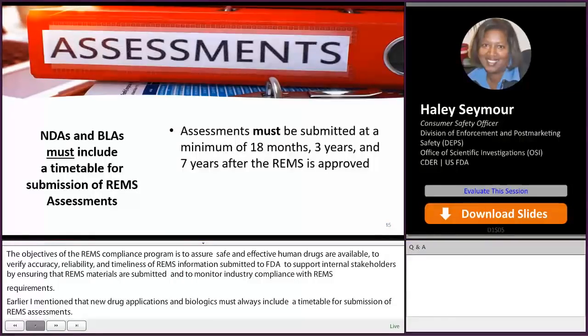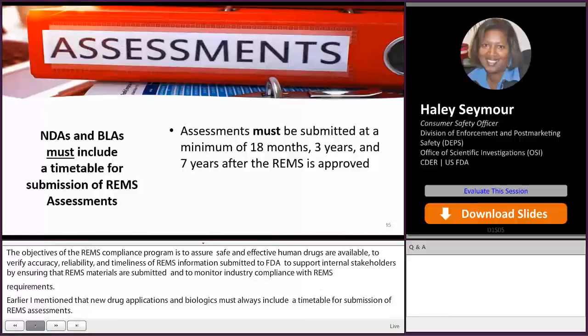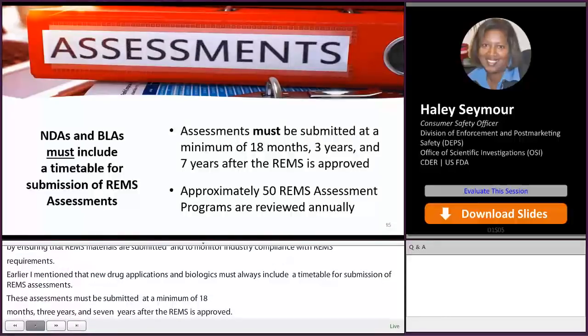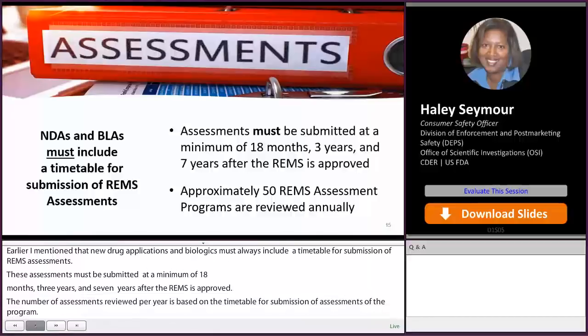The number of assessments reviewed per year is based on the timetable for submission of assessments of the program. FDA has recently been moving towards requiring assessments at 6 months and then annually versus the minimum of 18 months, 3 years, and 7 years to better assess if the goals of the REMS program are being met.